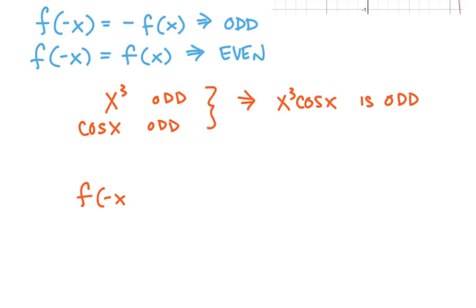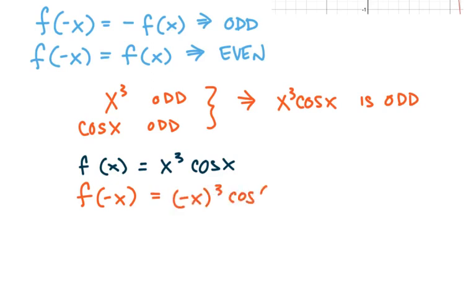f of negative x. So remember, my original function, f of x, is x cubed times cosine x. So what does this look like if I plug in negative x? Negative x cubed is negative x cubed.